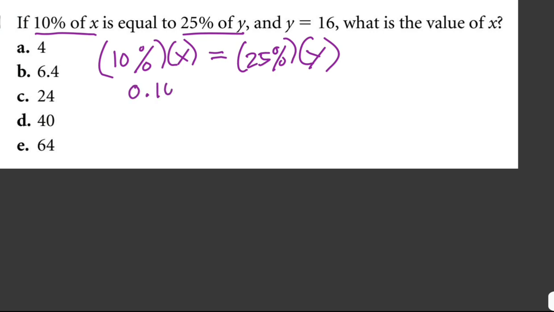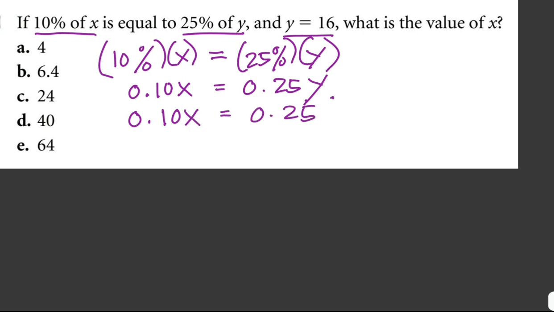This would be 0.10x equals 0.25y. And it's given here that the value of y is equal to 16. So we substitute 16 for y. So this would be 0.10x equals 0.25 times 16, which is just equal to 4.